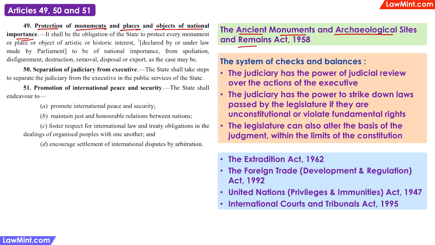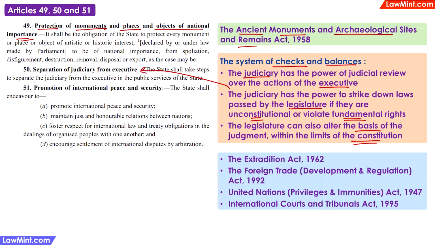As we have discussed in a previous video, India has a system of checks and balances where the judiciary can review the actions of the executive or strike down any laws passed by the legislature if they are unconstitutional or violate any fundamental rights. The legislature has the power to pass laws that can change the basis of any judgment as long as the law is within the limits imposed by the Constitution.